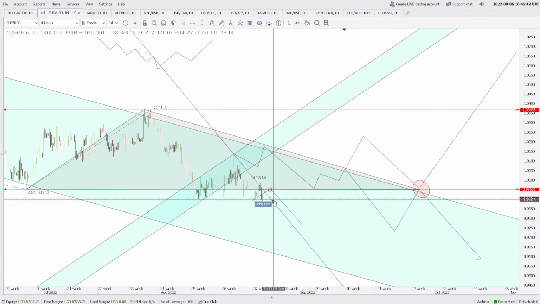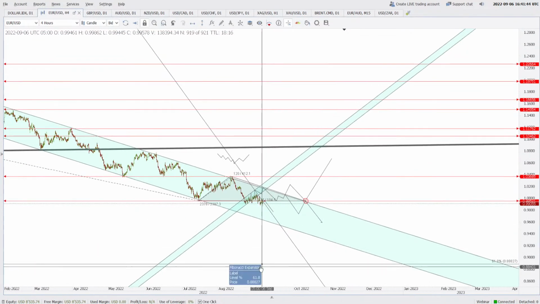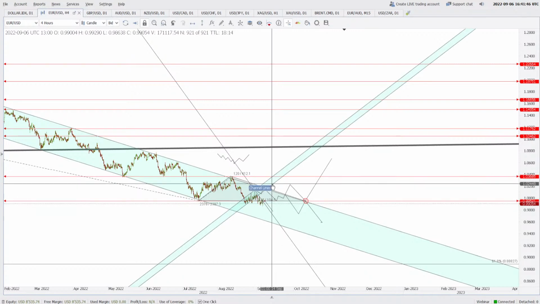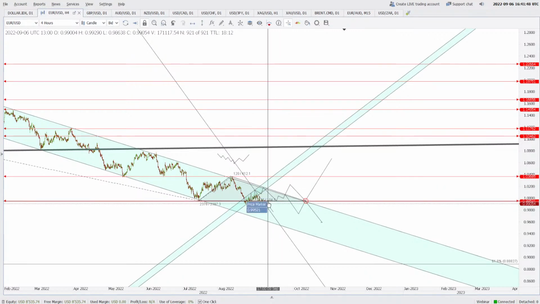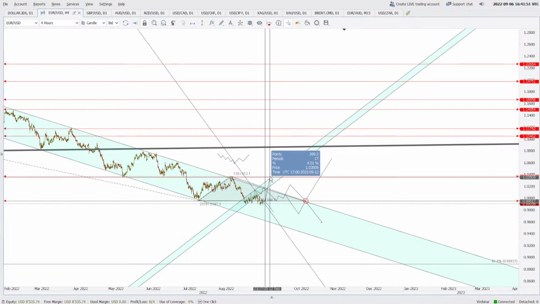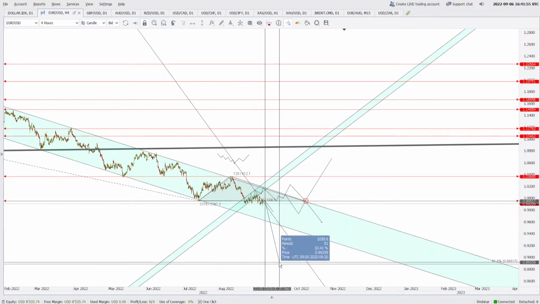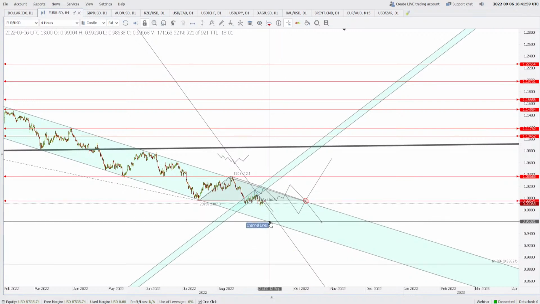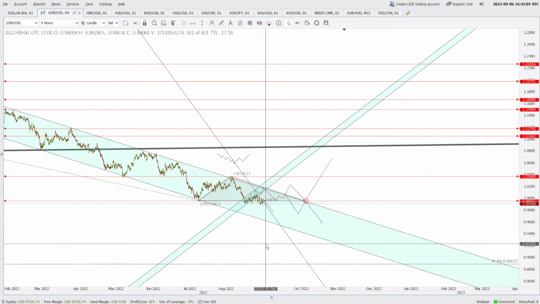But if you want to keep these targets, then you will have to keep the stop loss above 1.0368, because in that case you will have almost 430 points of stop loss and almost 1000 points of take profit, which is not a good idea, because 400 and 1000 doesn't even make a 3 to 1 risk to reward ratio.